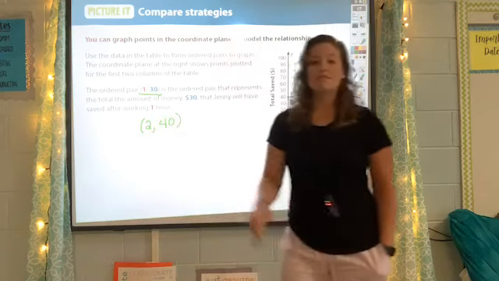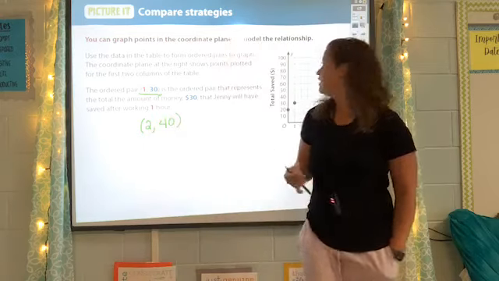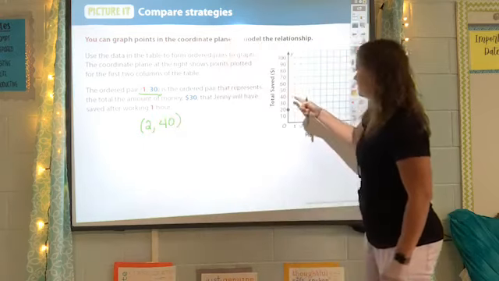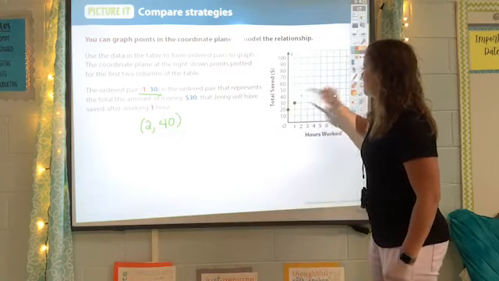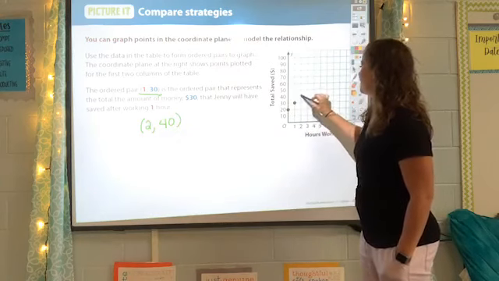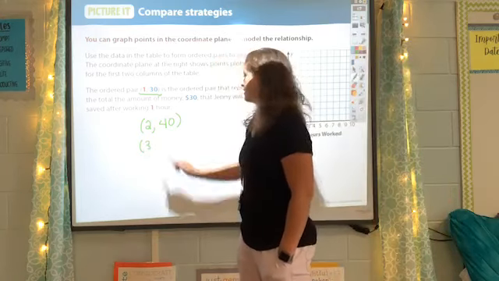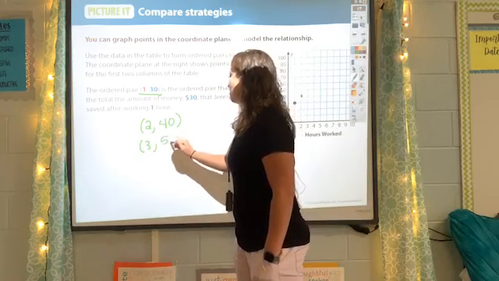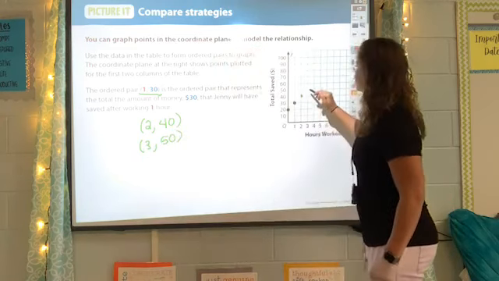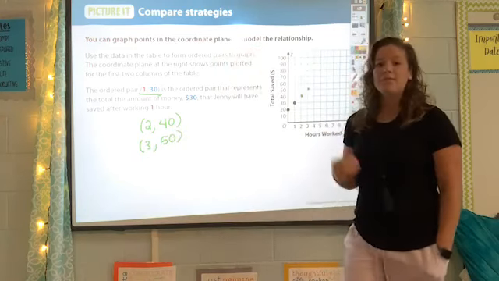The 2 representing the hours, the 40 representing our what? Money saved. Very good. So we would just keep on going, and then we would have 3 hours, and that would represent our $50 saved. All right, and we could keep on going with that.